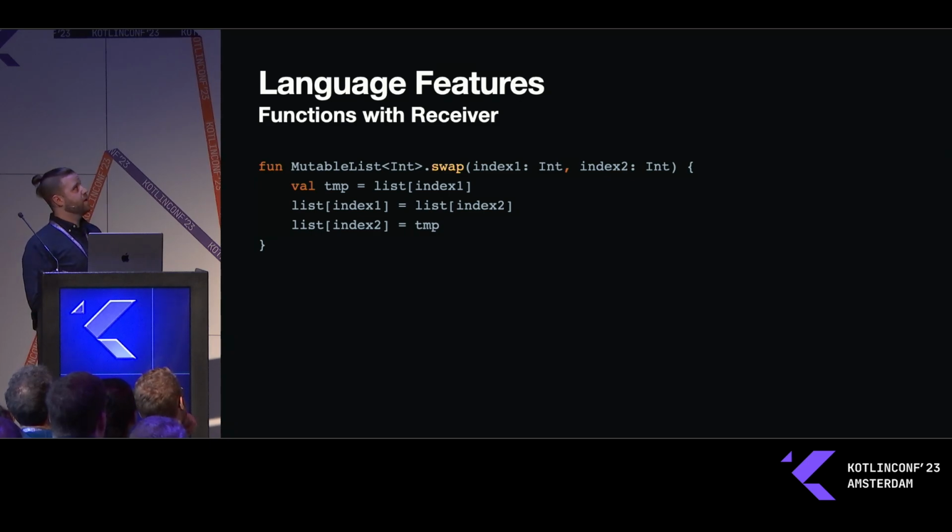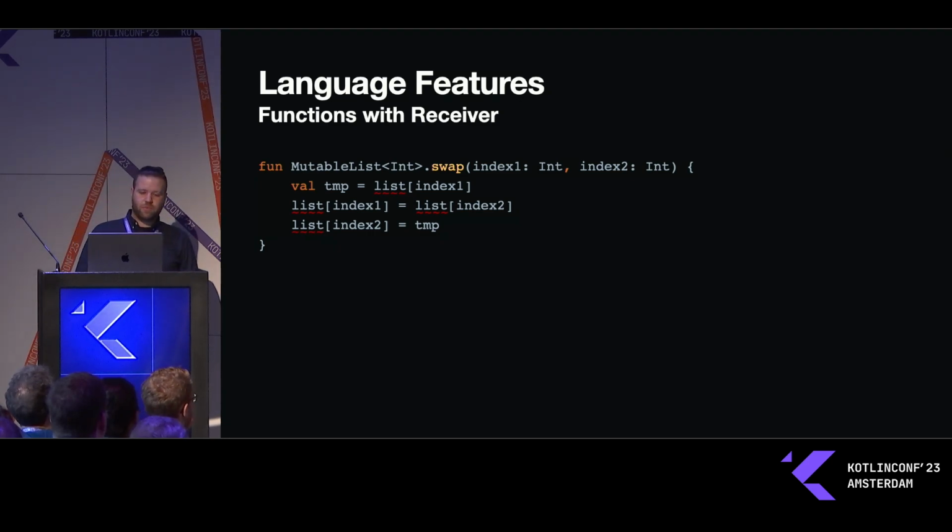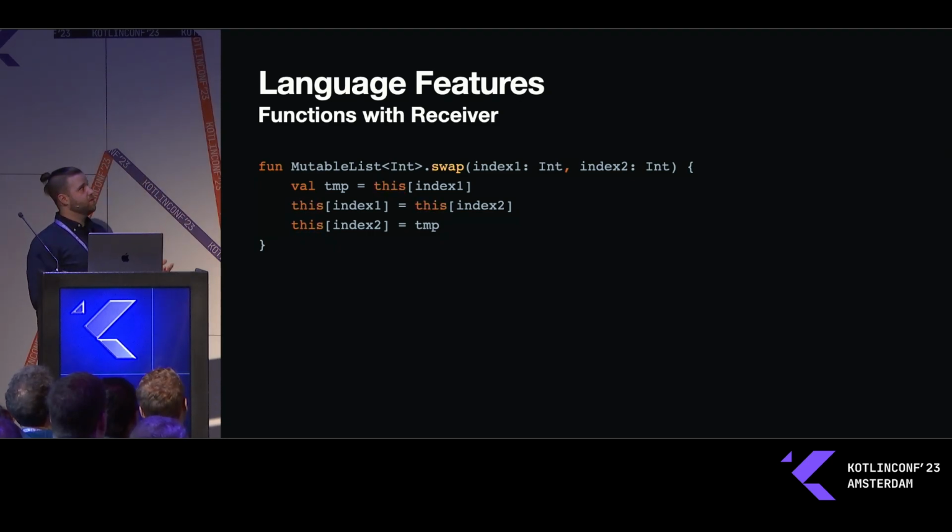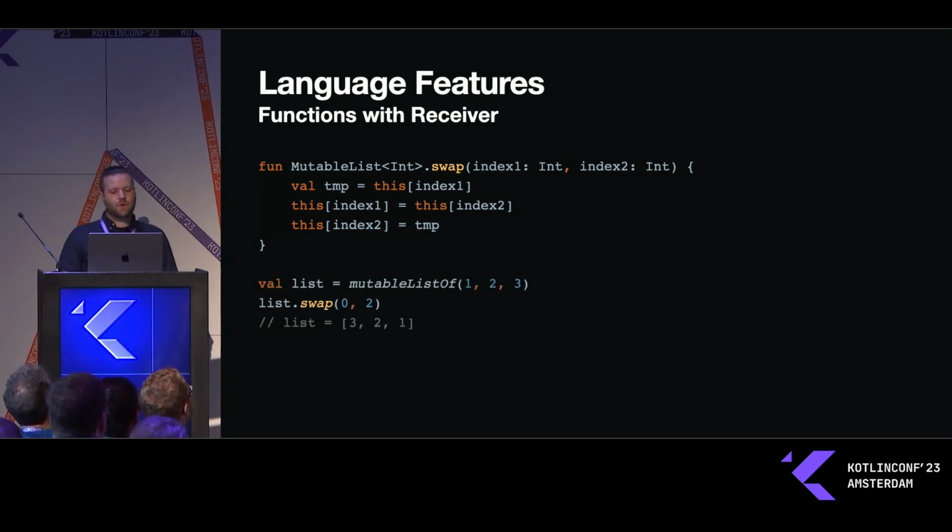The problem is now we no longer have a list to reference, and so we can't use that parameter anymore, and so we have to change to using the this keyword. How this actually gets used is we can just declare a mutable list of integers, and then we can call swap on it, just like it was a function on a mutable list, giving us the result of 321.